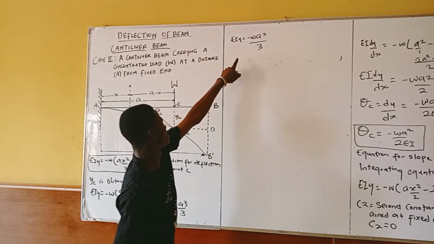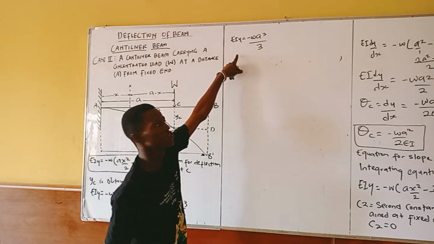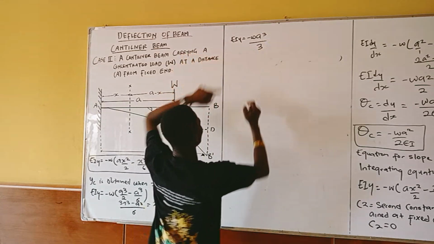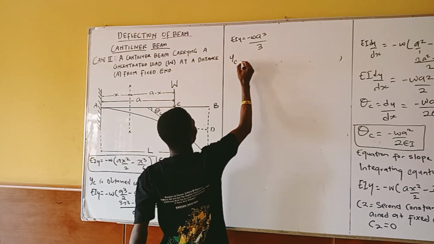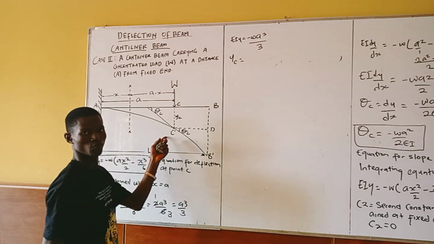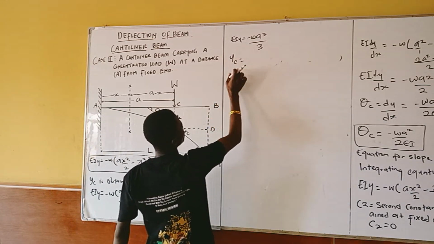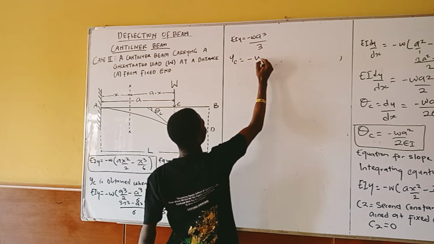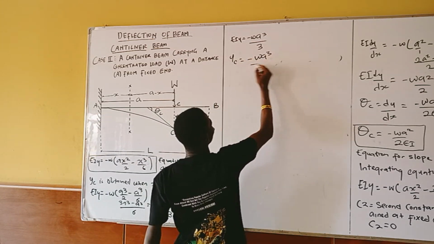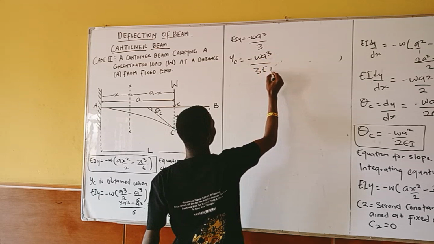But don't forget that this is at point C. So my Y, which is my deflection at that point, is YC. Now I'm going to divide both sides by EI. So YC remains here, which is minus WA cube over 3EI.